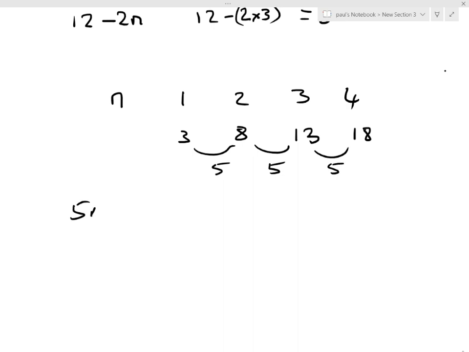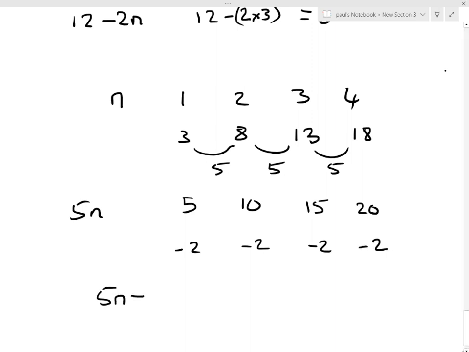Therefore it's 5n. 5 times 1 is 5, 5 times 2 is 10, 5 times 3 is 15, and 5 times 4 is 20. 3 minus 5 is minus 2. 8 minus 10 is minus 2. 13 minus 15 is minus 2. 18 minus 20 is minus 2. So therefore our term becomes 5n minus 2.